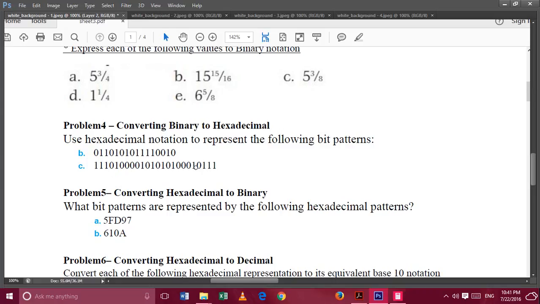So 4 here, I hope I get it right this time, and then here, and here, and here, and here. I guess I messed up again. 4. Oh, these are 5.